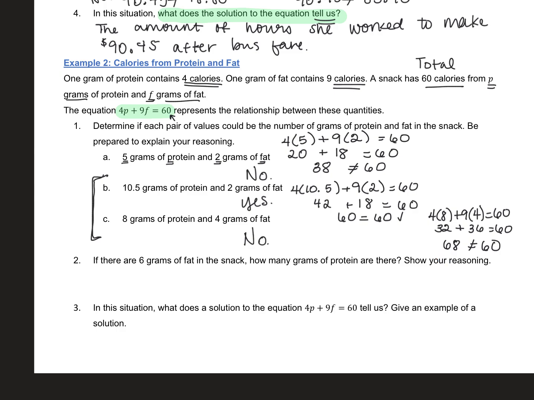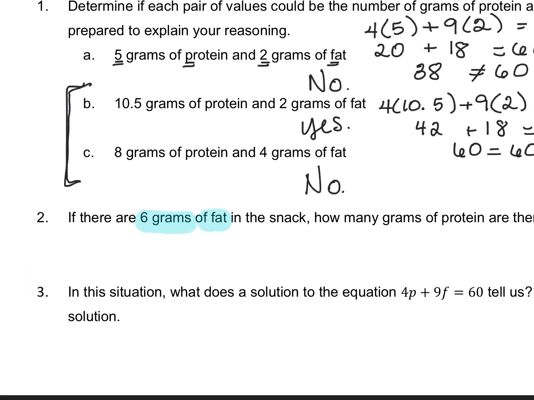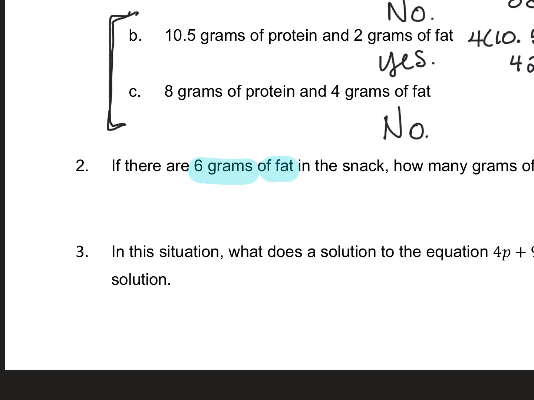Then for number 2, it says if there are 6 grams of fat in the snack, how many grams of protein are there? So now we can solve this one if we're plugging in 6 for F. So we have 4P plus 9 times 6 equals 60. So we have 4P plus 9 times 6 is 54.